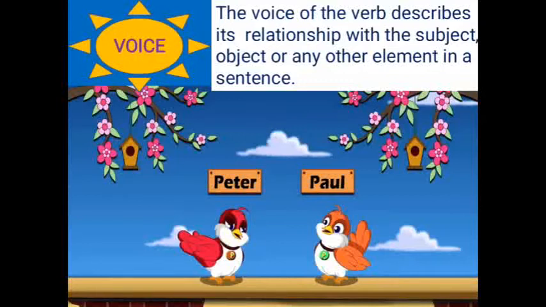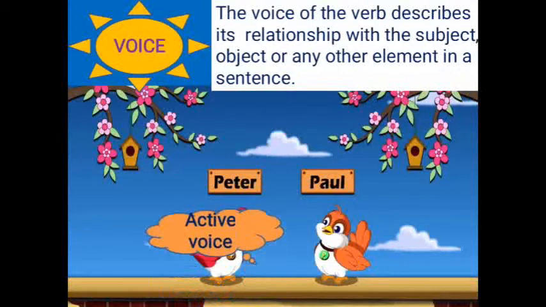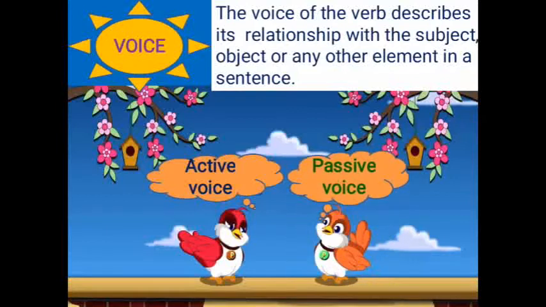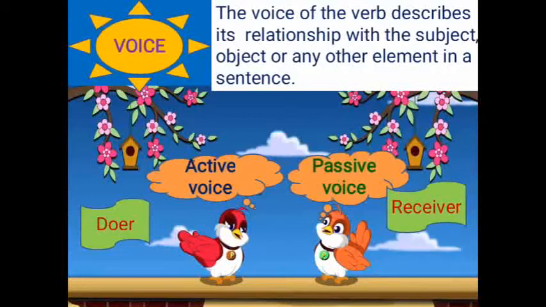So it tells us how the verb is related to the subject or the object or the rest of the sentence. There are two types of voices, that is active voice and passive voice. Active voice is important when you talk about the doer of the action of the verb, and passive voice is important when the receiver of the action is more important for you.